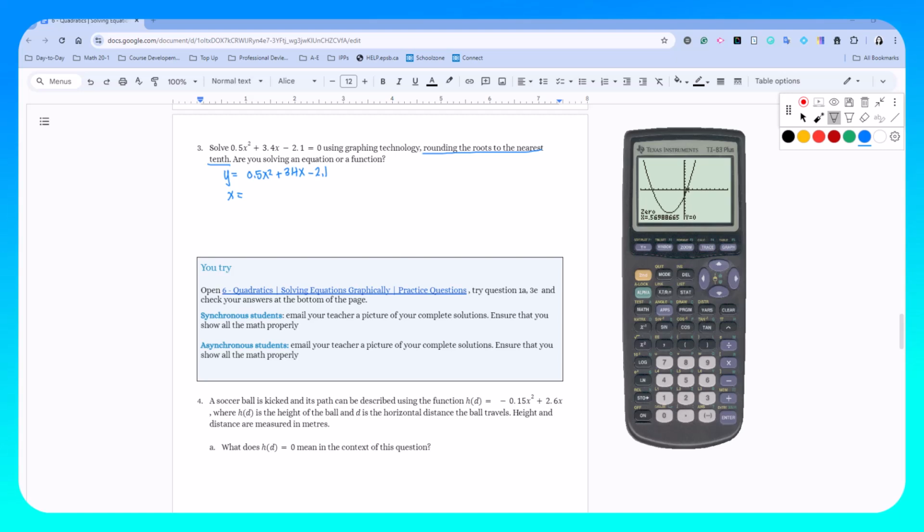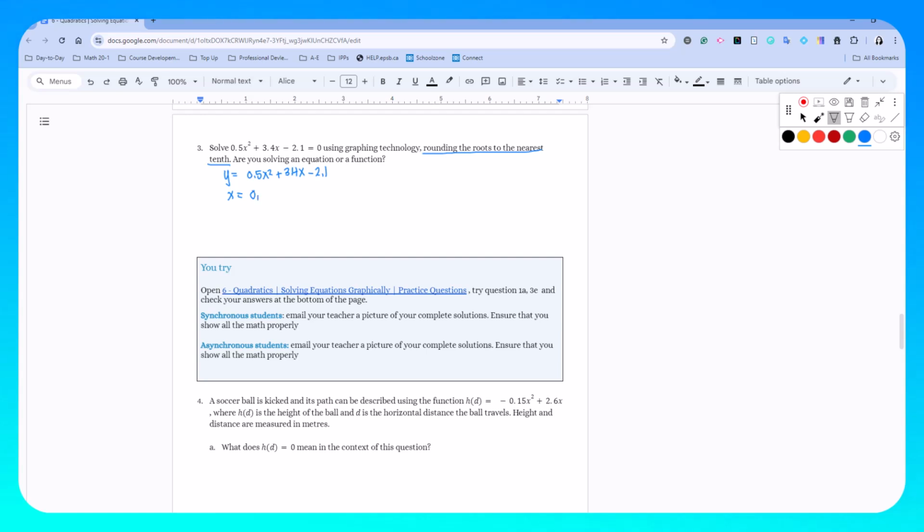Hit enter again, and we see that when y equals 0, the root or the solution is x equals 0.57, because we're going to round to the nearest tenth. Let's do that again, 0.57, and let's write down a few more.